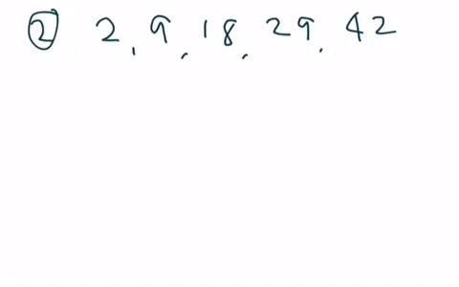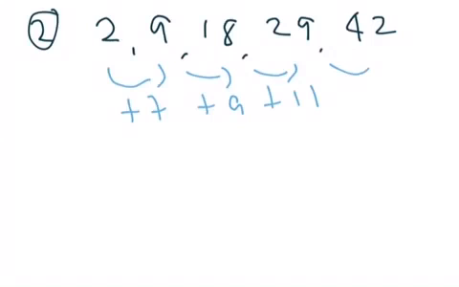So step 1, find the difference and see if it's a common difference. So 2 to 9 is plus 7, 9 to 18 is plus 9, 18 to 29 is plus 11, 29 to 42 is plus 13. So that's obviously not a common difference, so therefore it's not a linear series.